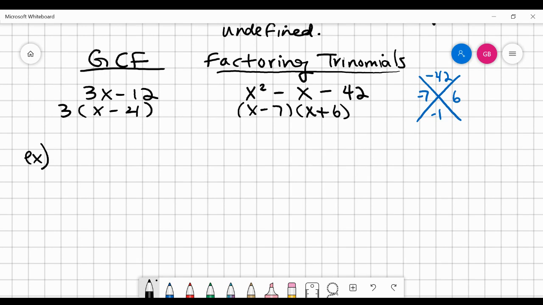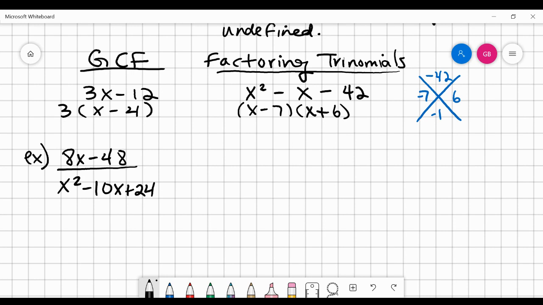Let's go with 8x minus 48 over x squared minus 10x plus 24. All right, so we have a big fraction here. We want to find ways to factor so we could simplify it.